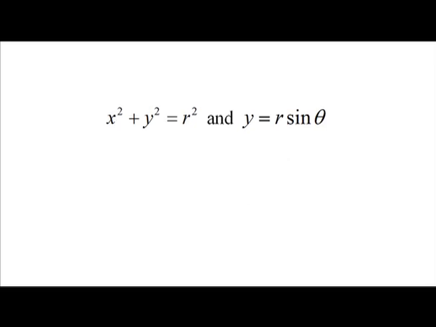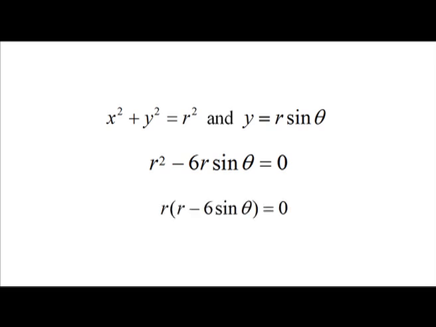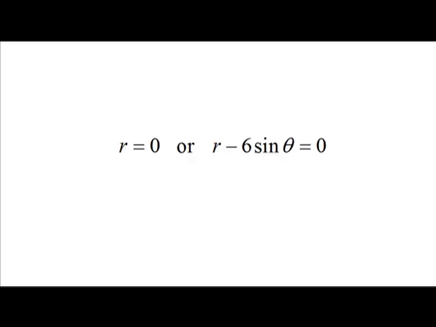Since x square plus y square is equal to r square and y is equal to r sin theta, the above gives r square minus 6r sin theta is equal to 0, that is r times (r minus 6 sin theta) is equal to 0, which implies r is equal to 0 or r minus 6 sin theta is equal to 0, which implies r is equal to 0 or r is equal to 6 sin theta.